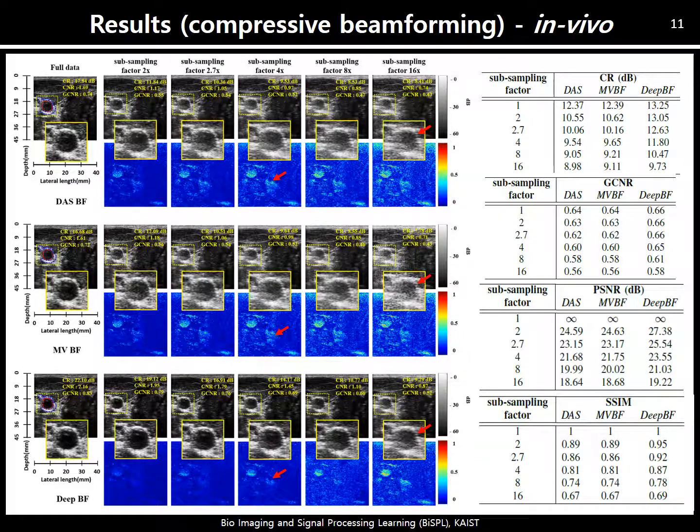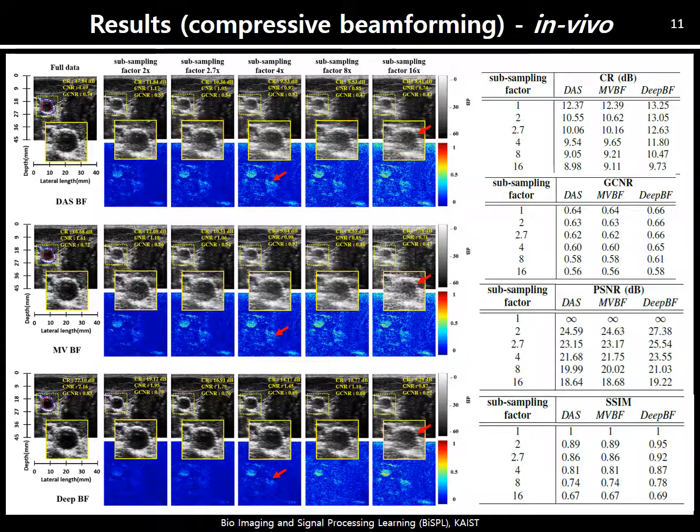The difference of fully sampled and subsampled reconstruction is shown in normalized scale. These blue images are difference images. Especially at high subsampling rates, there is a graceful degradation of visual quality in DBF compared to DAS and MVBF, which show drastic reduction in the quality at a higher subsampling rate.